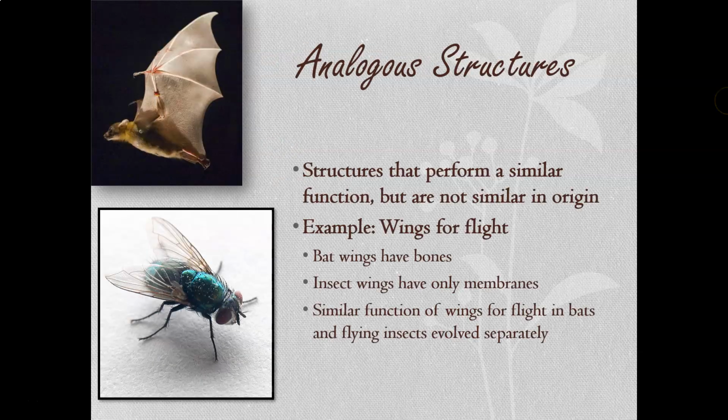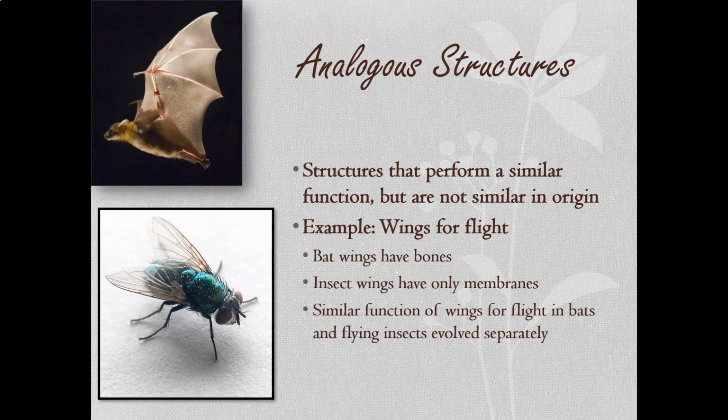All right. That being said, analogous structures are similar in function but don't come from the same origin. So these guys, we see the wings for flight in the bat versus the insect wings. Bats have bones and skin flaps and some muscle, where the insect wings are just membrane.